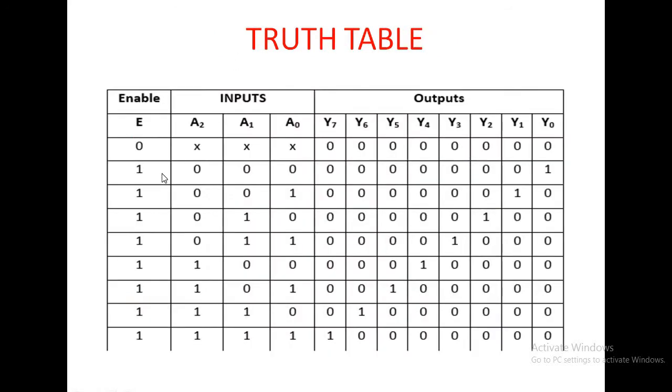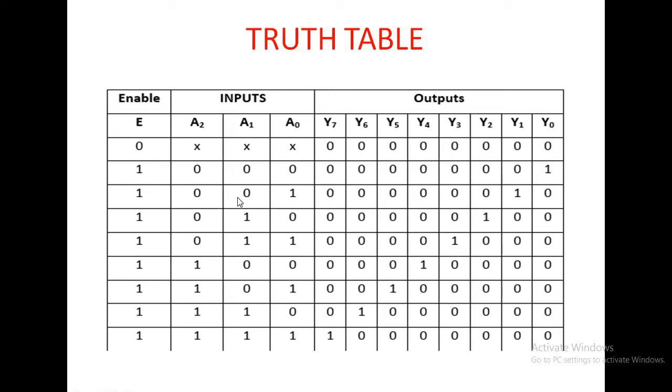This is the truth table. If enable line is 0, whatever the value of A2, A1 and A0, the output is 0. That means the decoder does not work. When enable is 1 and all the inputs are 0, since binary 0 and decimal 0 are equivalent, the Y0 line is active and Y0 is 1.